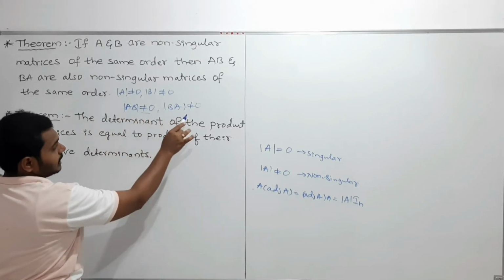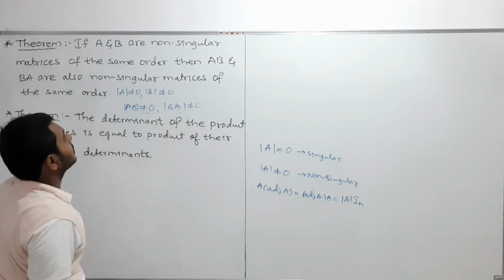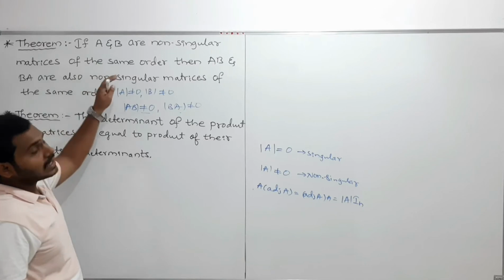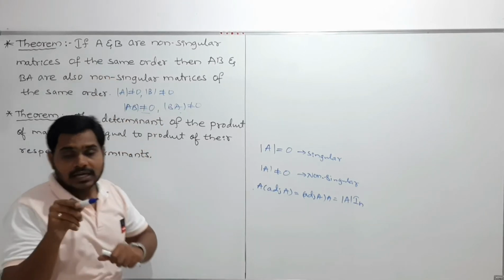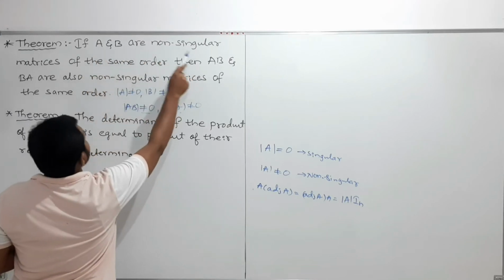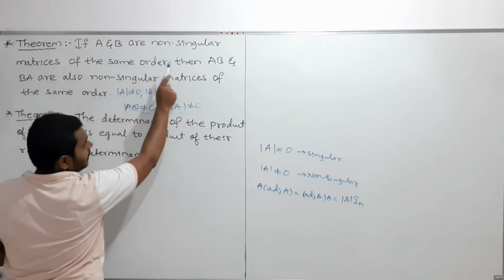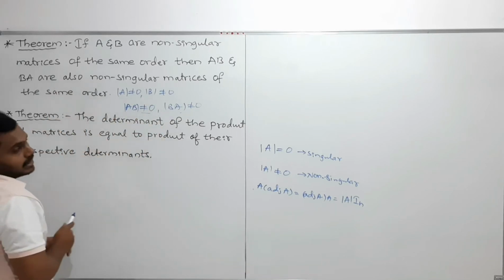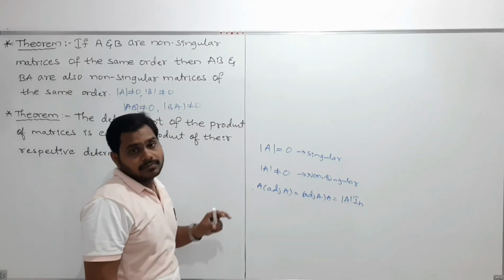Both AB and BA are non-singular matrices. A and B must be of the same order. Clear? So this is the meaning of the theorem.